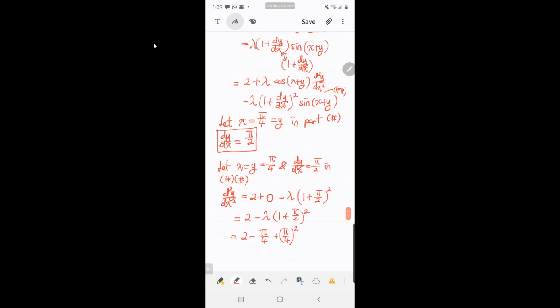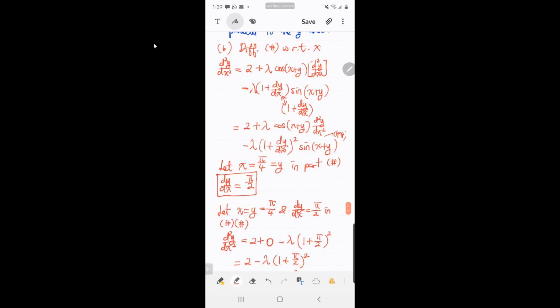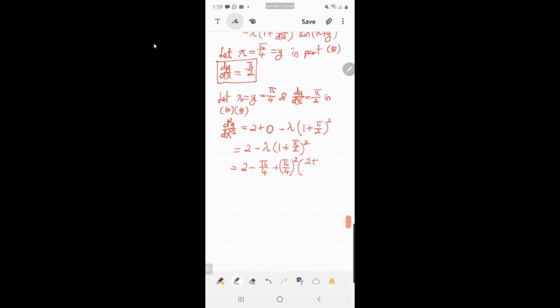Then this one, 1 plus pi over 2 squared, means you have 2 plus pi over 2 in the bracket squared. I think you can simplify already, because you can see the form already. So your job is to simplify this one. So maybe you get 2 minus, because the final answer they want minus. So I factorize minus pi over 4, then I get 1 minus pi over 4. Then this one is 1 over 4. Then this is 2 plus pi squared.